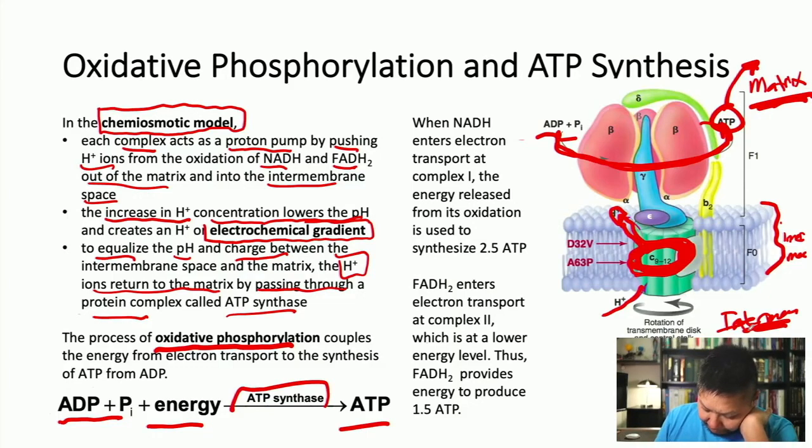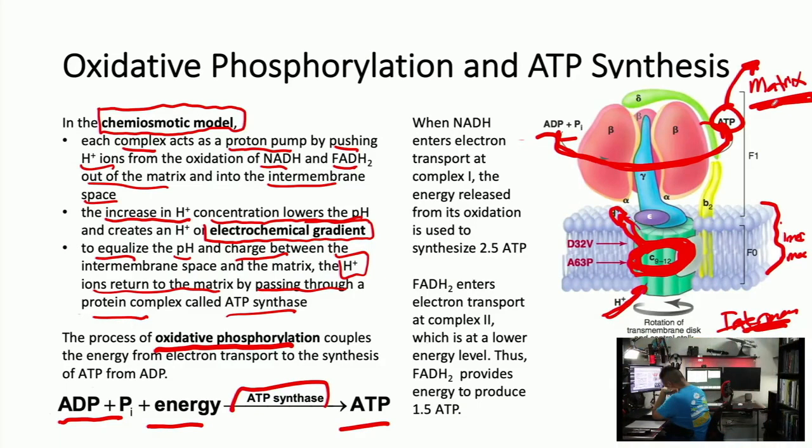So remember, protons pass through from the intermembrane space, trying to get back into the matrix because it wants to equalize that electrochemical gradient and the pH and the charge between the two spots, right? And as it does that, it spins this turbine here, pumping out a proton, kind of like a waterfall, right?